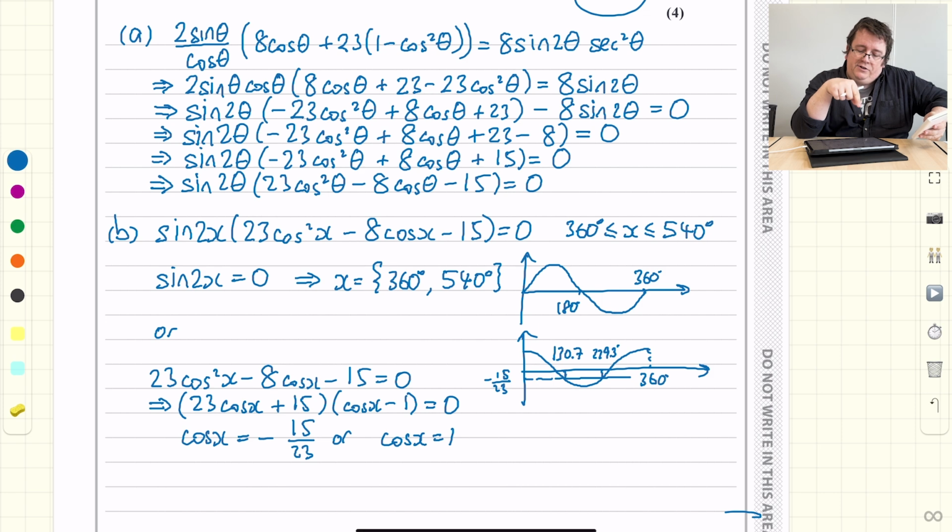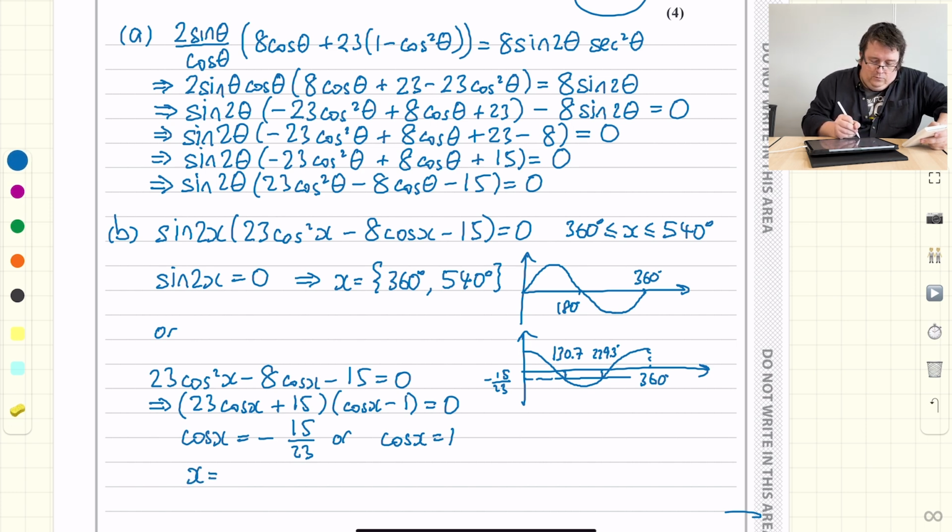So if I add 360 to both of those, I get 490.7. That's inside the range. Sorry, x is 490.7 degrees.